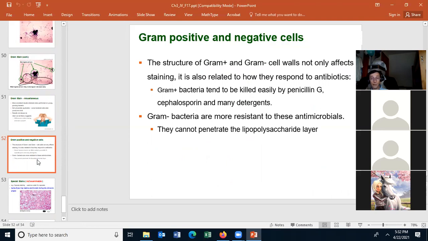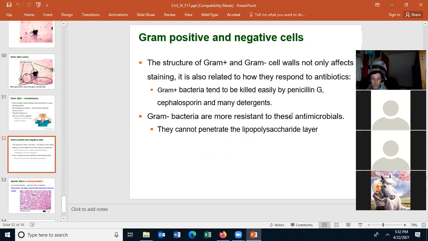Now, we can use other antibiotics to kill gram-negative cells. For example, ampicillin, which was an antibiotic made, I think, in the early 1960s. It's one of the early members of the penicillin family. Ampicillin does work on gram-negative bacteria.